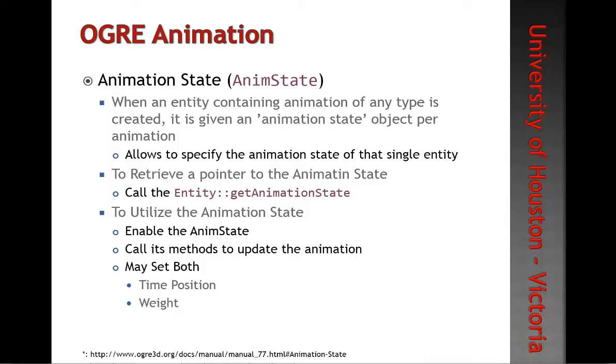Animation state also has a very simple add time method that we can use to alter the position of our animation incrementally. It will also automatically loop for us. We can give positive values to add time to set our animation forward, or negative values to set our animation in reverse, or backwards.